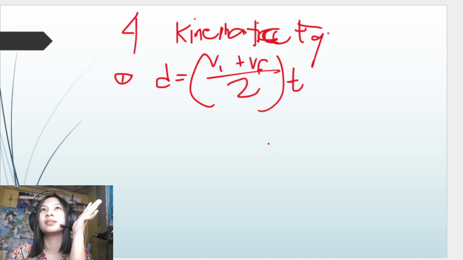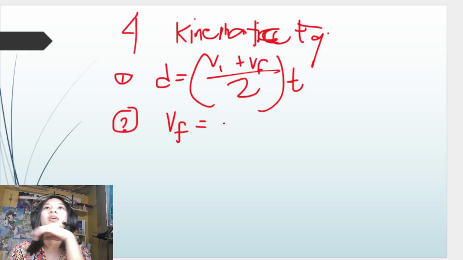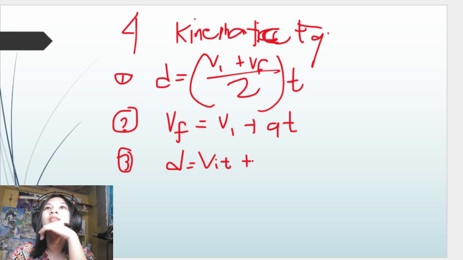Sorry for my handwriting, I am only using a mouse. The second: final velocity is equal to initial velocity plus at. Next, displacement is equal to initial velocity times time plus 1/2 a t squared.